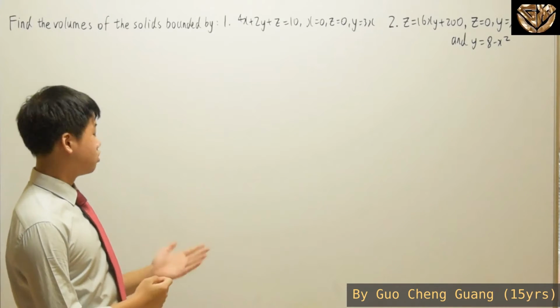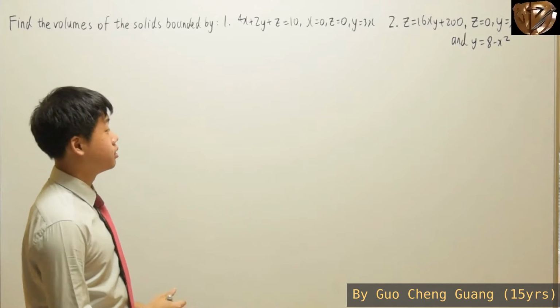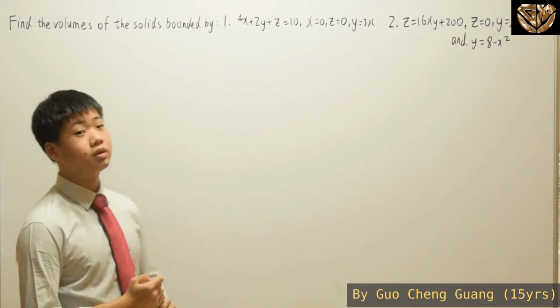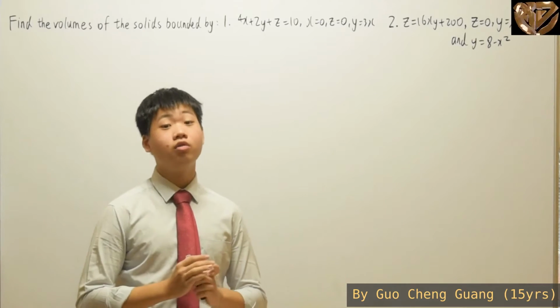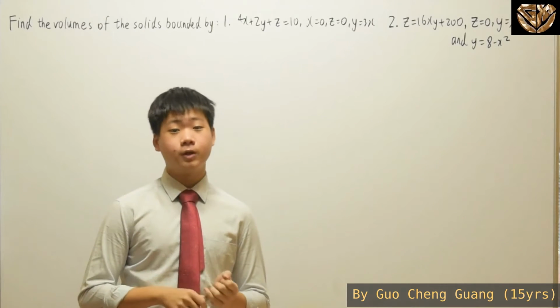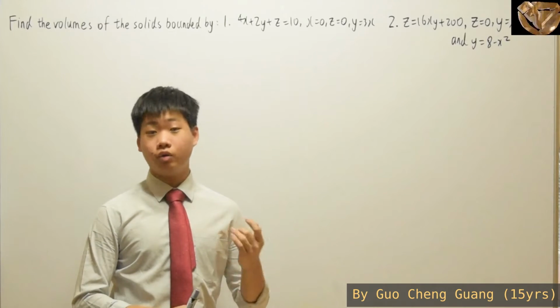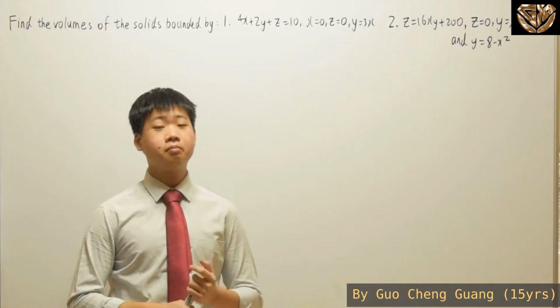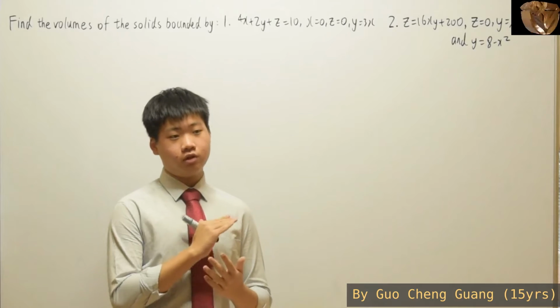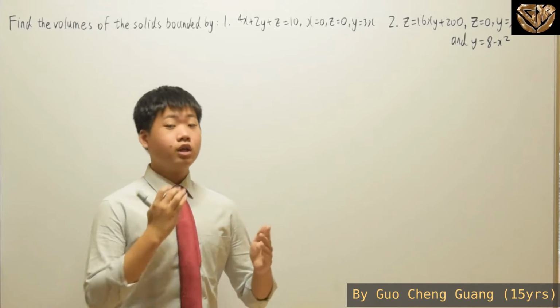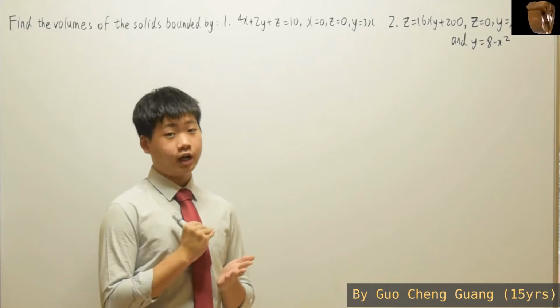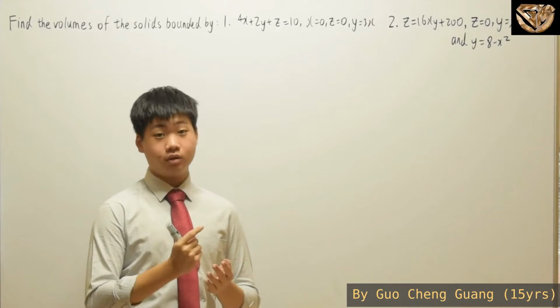Right, so you might be wondering, how are we supposed to integrate this? You have to be aware of which order you are integrating in first. And you might also wonder, how do we find this volume? If you have learned single integration, you can find an area.